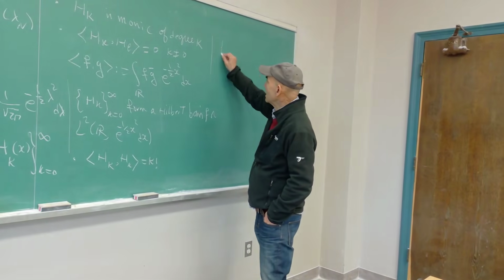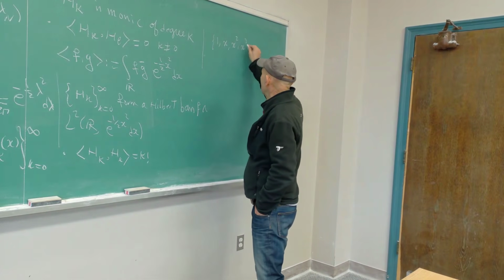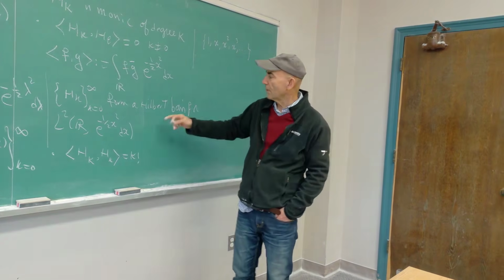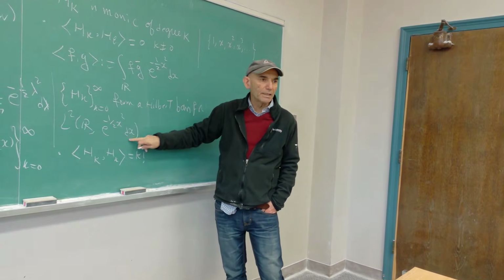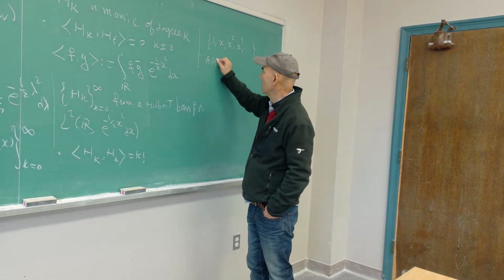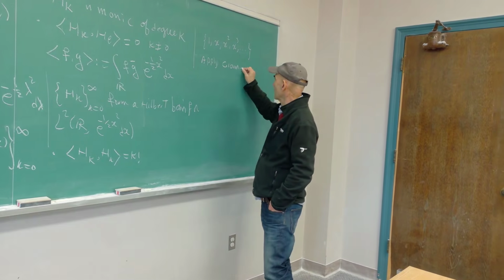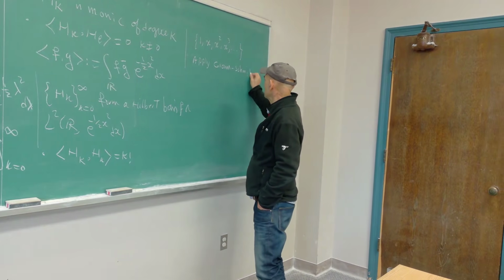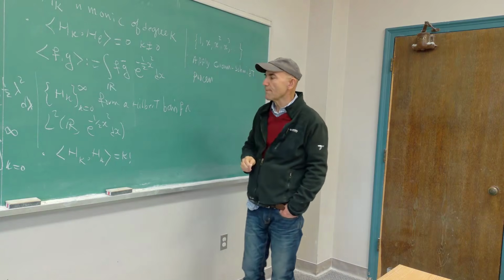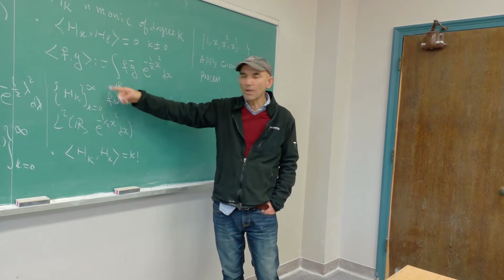You start with this sequence of functions, which is a sequence of functions in L2 of here, e to the minus, and then apply the Gram-Schmidt process to this, with respect to this inner product, and then you get these Hermite polynomials.